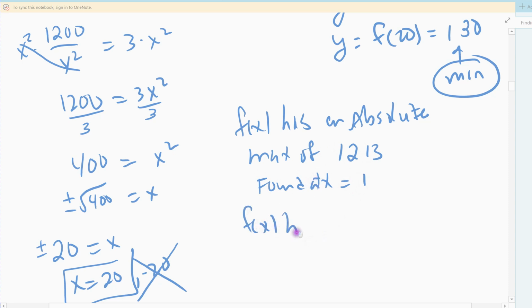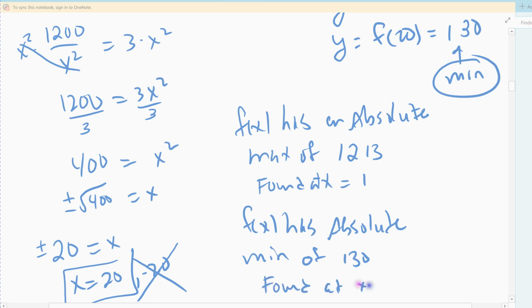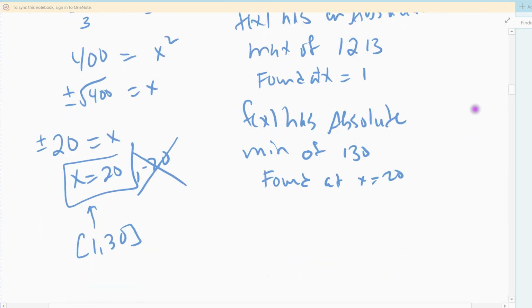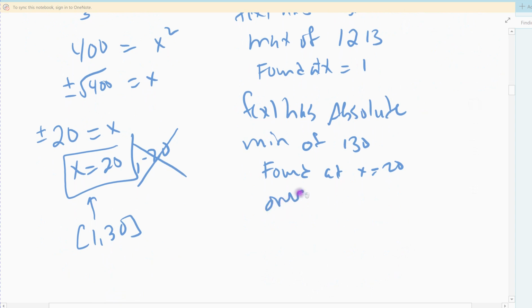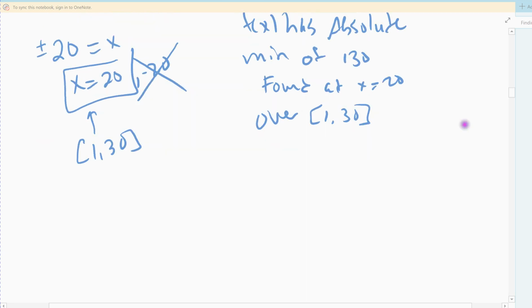F of x has an absolute min of 130 found at the critical value 20. Only over 1 to 30. The check then, so to graph it and check it.